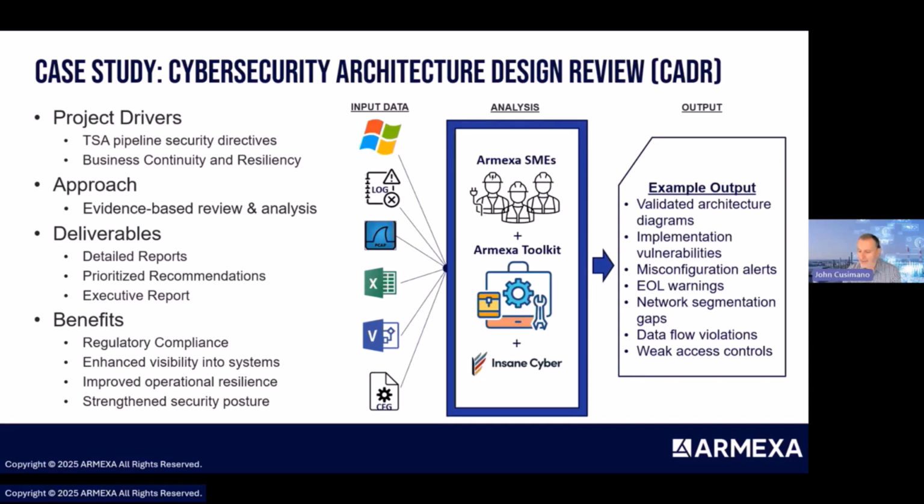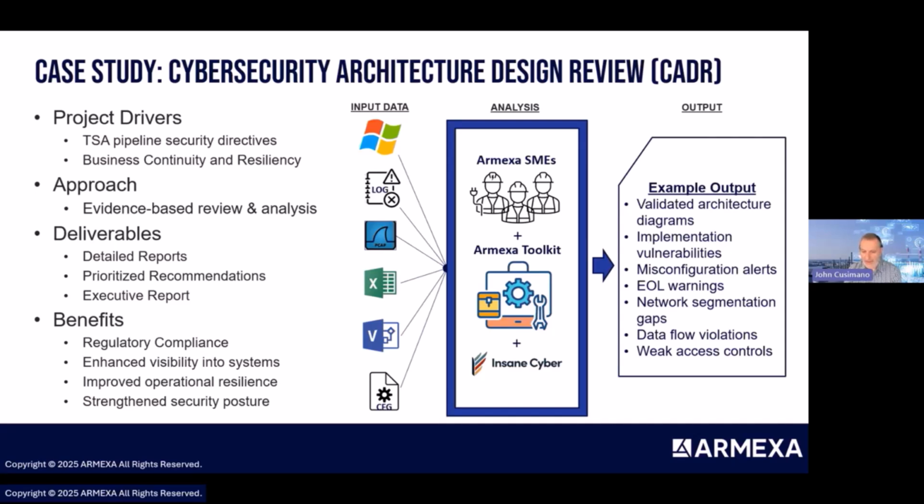Data flow violations: what are the expected data flows, or the permitted data flows, and what is actually occurring? And other things, like weak access controls. There are many findings that come out of a study like this; that gives you some examples.